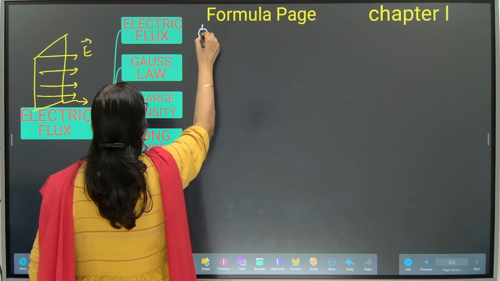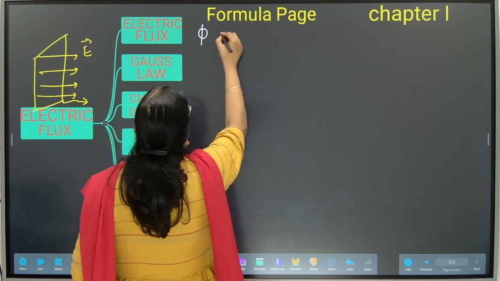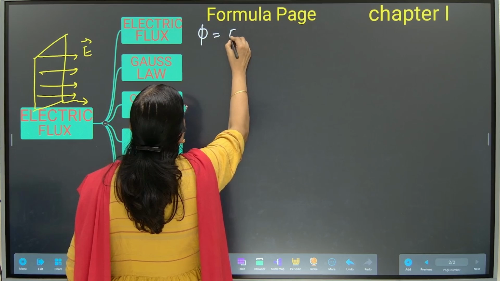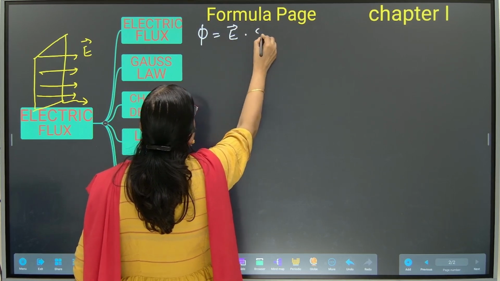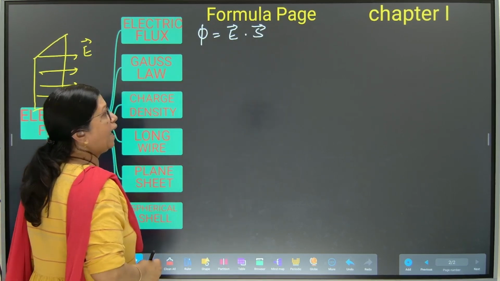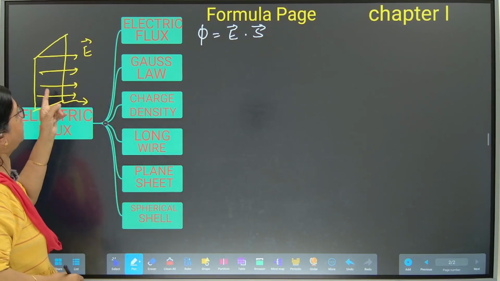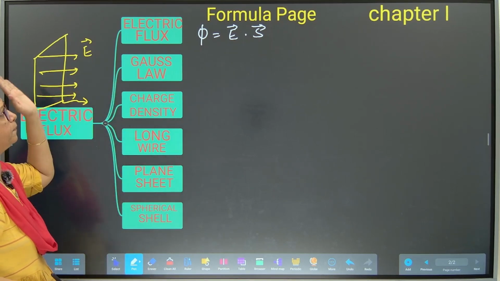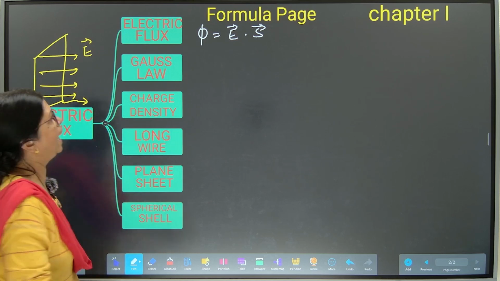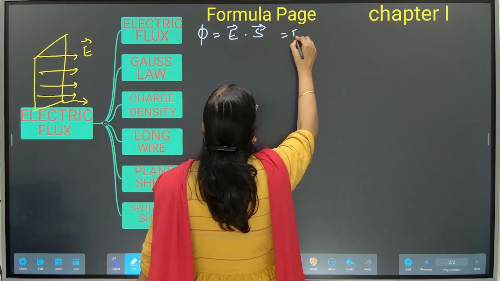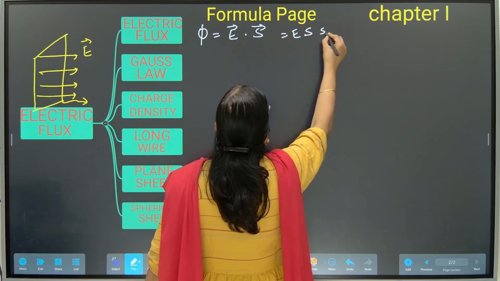The symbol of electric flux is phi is equal to E vector dot S vector, where E is the electric field which is passing, S is the area of the plane through which it is passing, and theta is the angle between E and S.